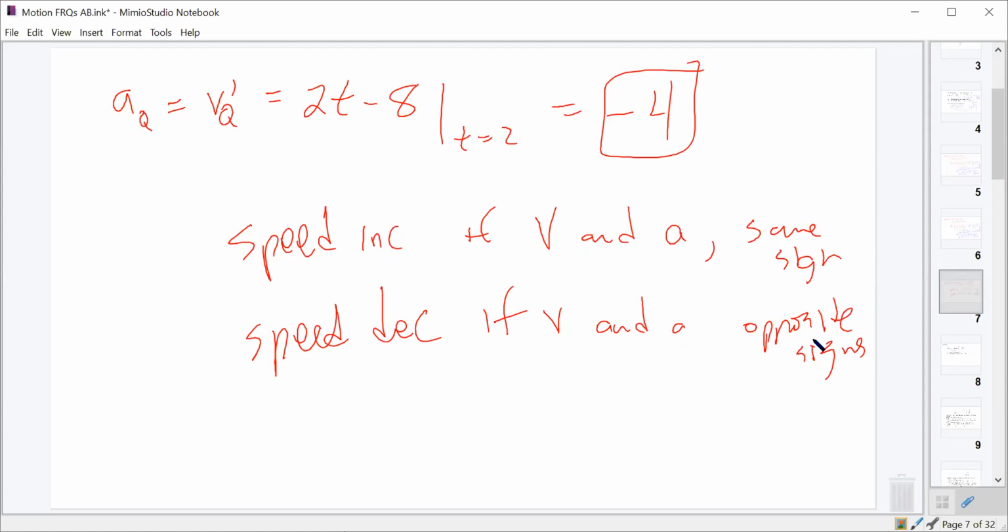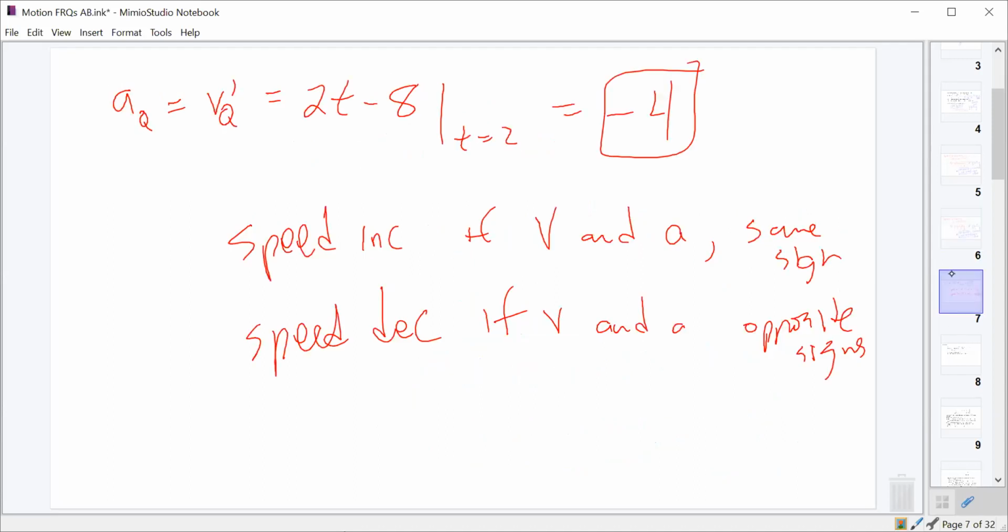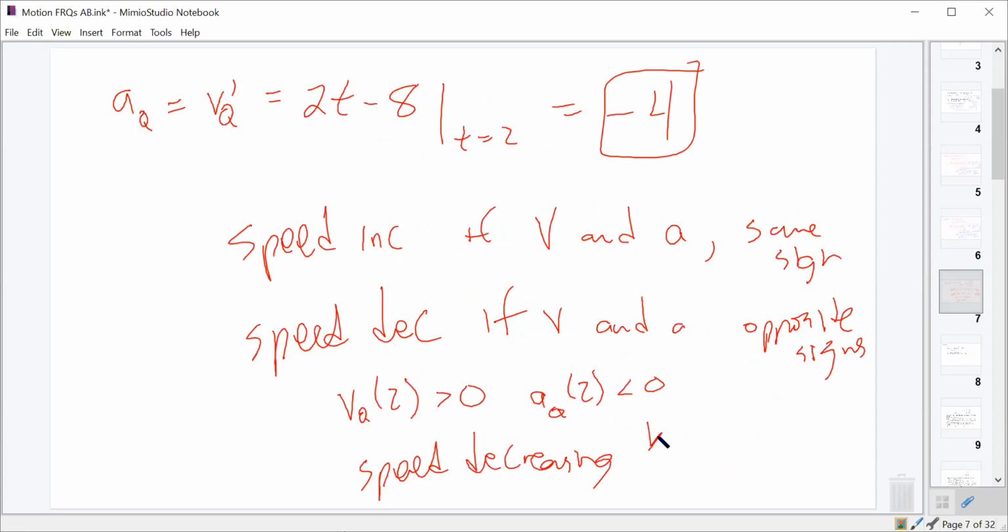So we know that at t equals 2, the acceleration is negative. And if we go back here at t equals 2, for Q, the velocity is positive. So v sub q of 2 is positive, a sub q of 2 is negative. We would say that the speed is decreasing, and you'd want to say because acceleration and velocity have opposite signs.